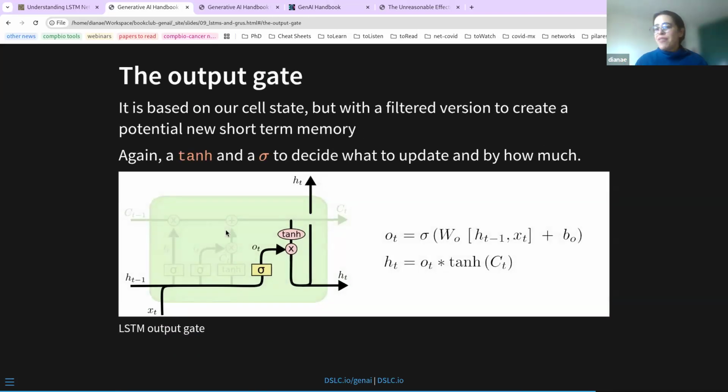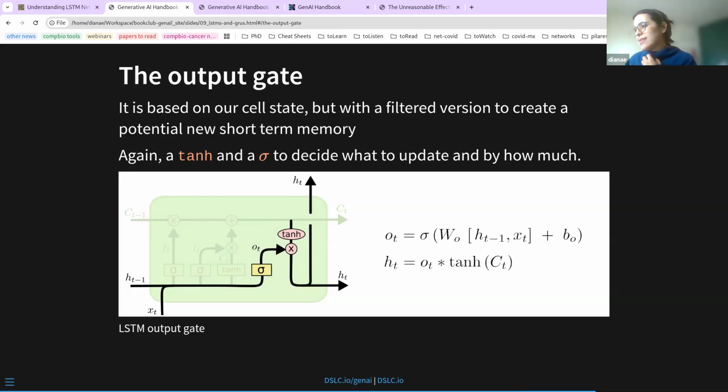And we finally have an output gate. So now that we have updated our cell state, again, we're gonna have a tanh function and another sigmoid function combination that is gonna say, okay, we already have this cell state, so how much of that cell state are we gonna pass to the next output?